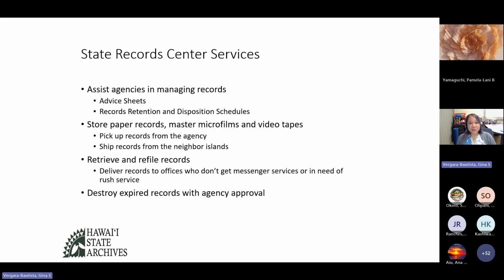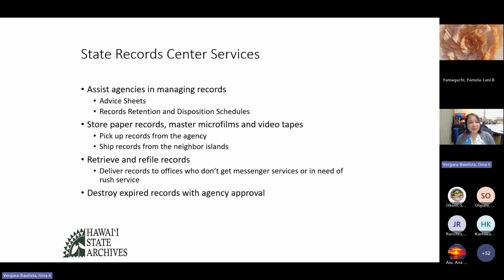If there are any records requests from the public, they need to go through you, and you turn in a request to us, and we will pull the record and send it to you by messenger. If you don't have messenger service or if it's rush, we will drop off the record to you.